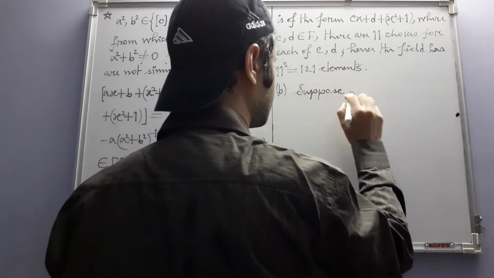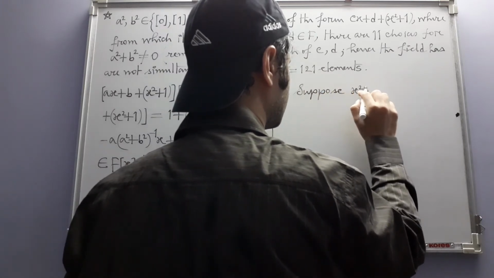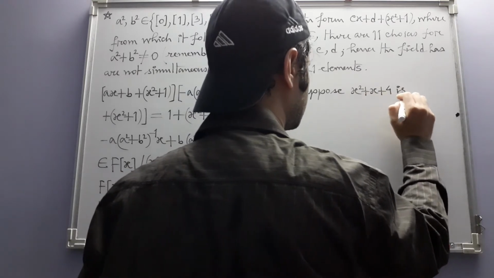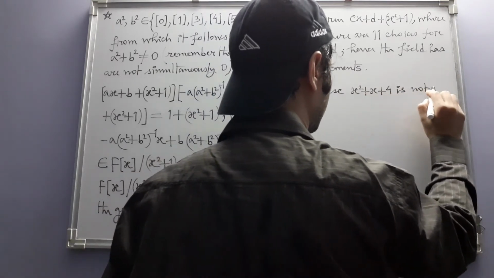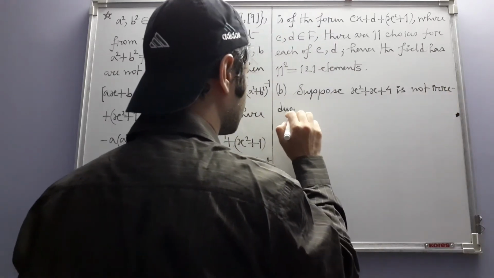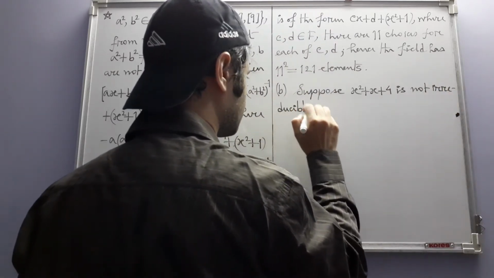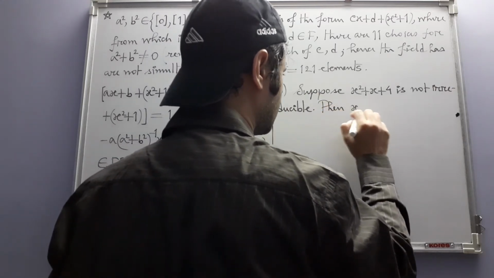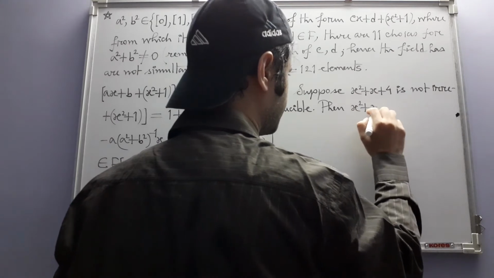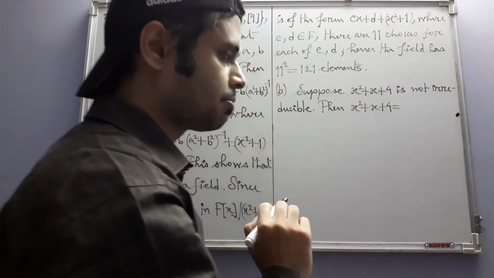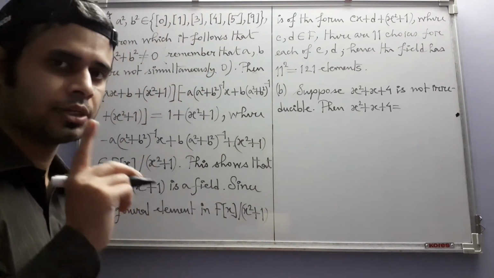Suppose x square plus x plus 4 is not irreducible. Then this can be written as a product of two linear polynomials, that is, two polynomials of degree 1.